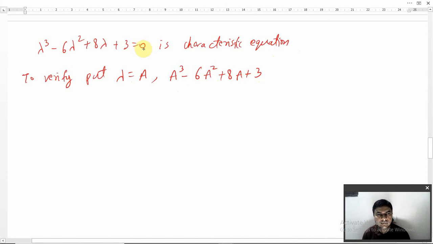Here the last term is a constant, lambda is not there, so I am just going to take this as 3I is equal to 0. So we have to prove this. If you prove LHS is equal to RHS, that is verifying the Cayley Hamilton theorem. Okay, so now to prove this, I am going to substitute all the values here.